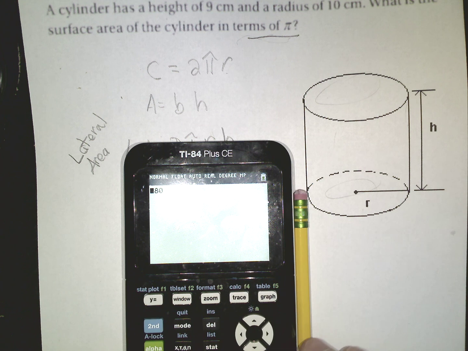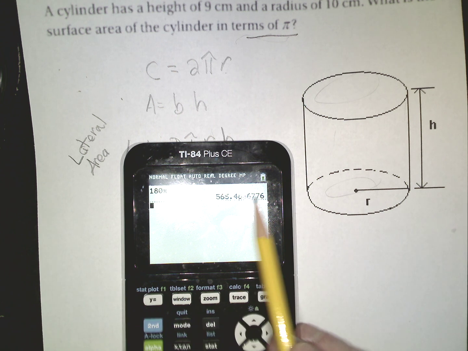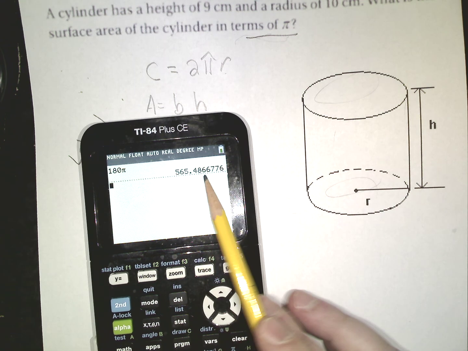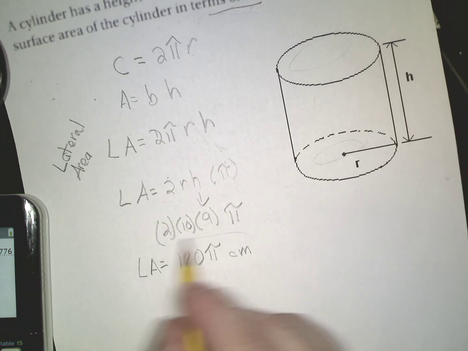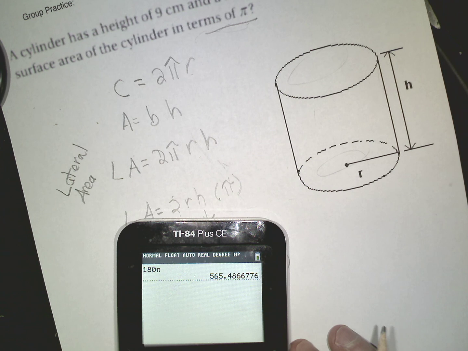Don't look at that number. 180 times pi, I get this really ugly number, 565.4866776, and this keeps going on and on. This is more accurate. Okay? If they don't say keep pi, then this is your answer.